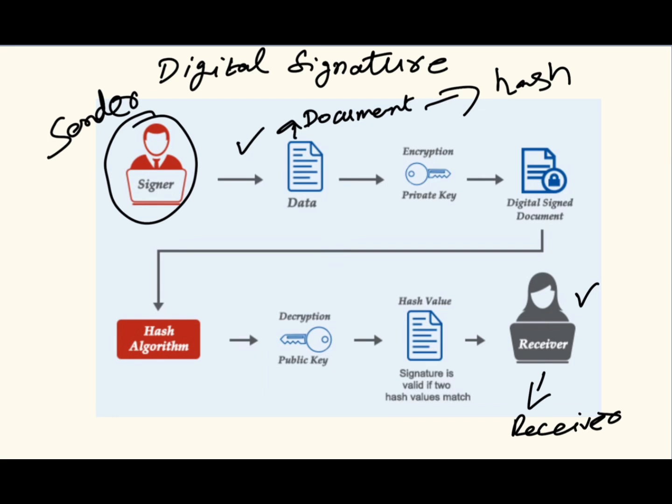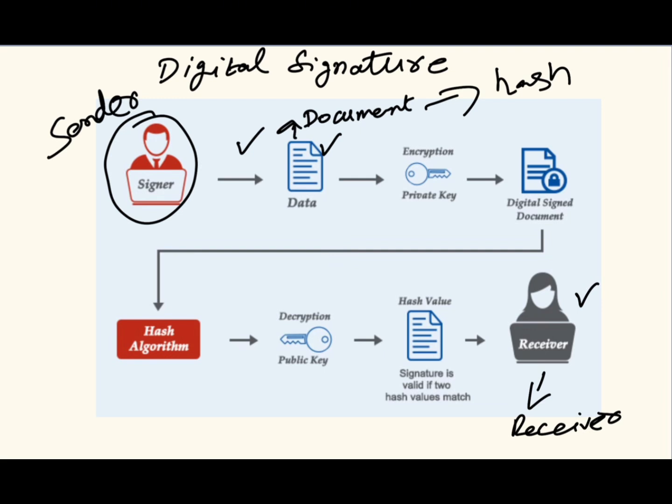He will use any hashing algorithm; we will not discuss that. It could be SHA-256 or any hash algorithm. The point we need to understand is that at first, only the hash will be generated of this document using a hash algorithm.